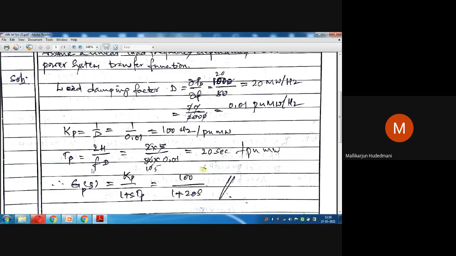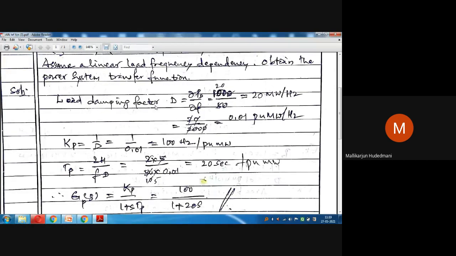To get these, I have to calculate D. H is given in the problem. How to get this D is the real problem. Kp by 1 plus sTp requires Kp and Tp, Tp requires 2H by FD, and Kp requires 1 by D. Let's see.